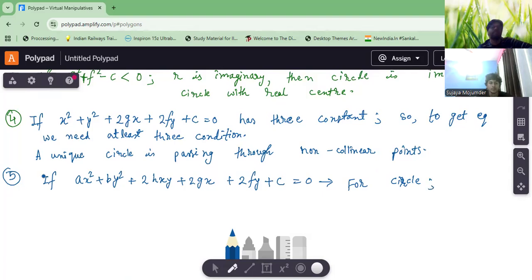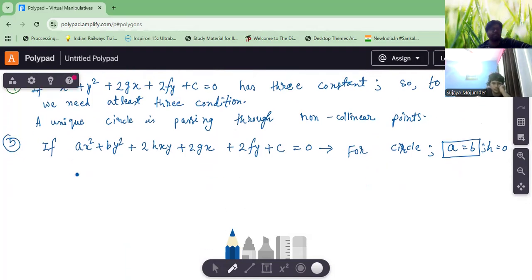What is that? For a circle, first of all, a must be equal to b, and h must be equal to 0 because there was no term of xy. I hope you remember. Was there any term of xy? There was no term for xy. Clear? Yes, sir. So, coefficient of xy is 0.